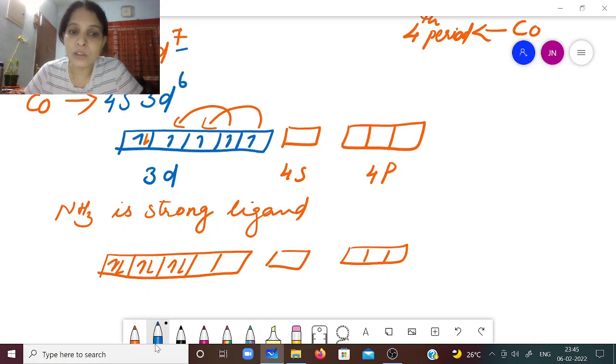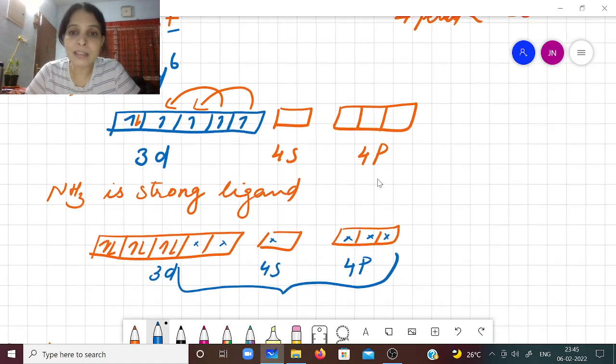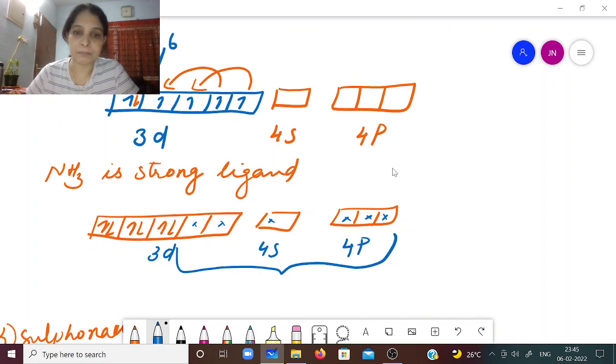Which are the 6 individual orbitals? We will see. 1, 2, 3, 4, 5, 6. Two of these are 3d, one is 4s and three are 4p. That means there will be a hybridization between these 6 orbitals. So what will you get? You will get 6 hybridized orbitals. And what is the name of this hybridization?